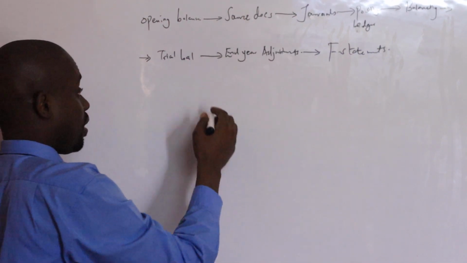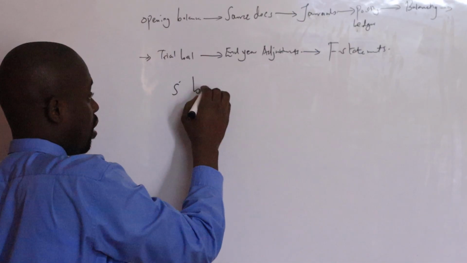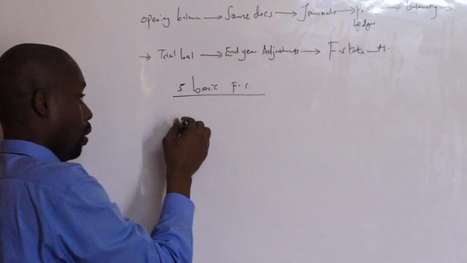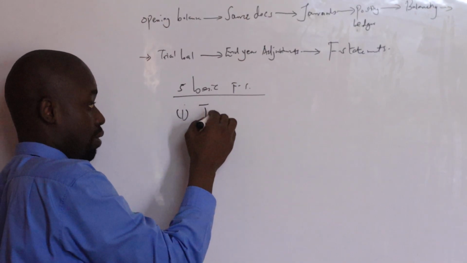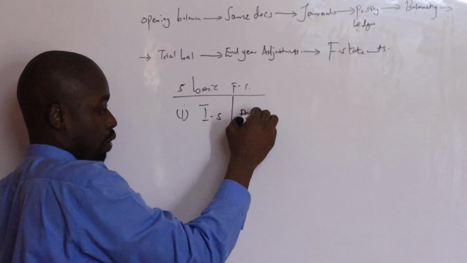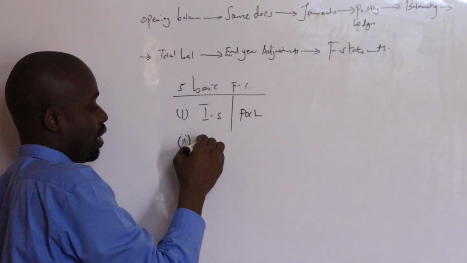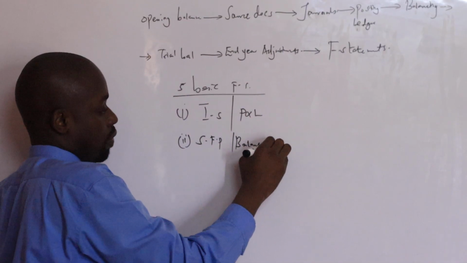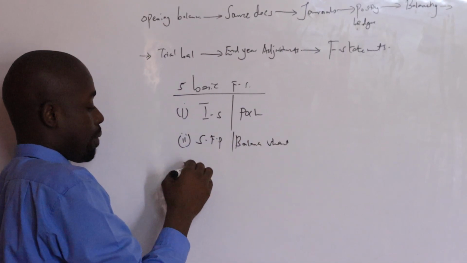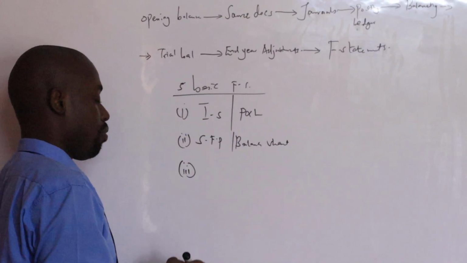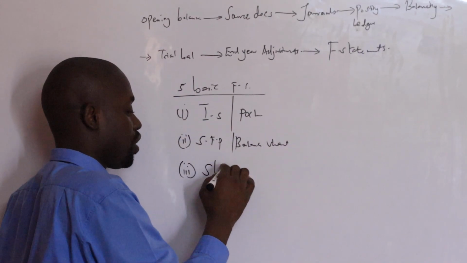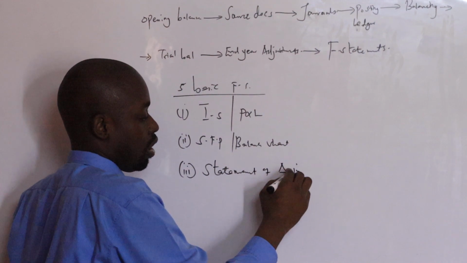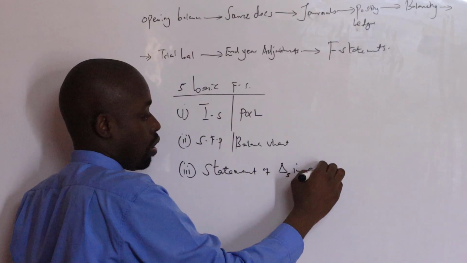So what are the statements? We said there are 5 basic financial statements. We listed them in topic number 1. One was income statement or profit and loss. Number 2, we talked about statement of financial position or the balance sheet. Number 3, which comes after the income statement, statement of changes in equity.